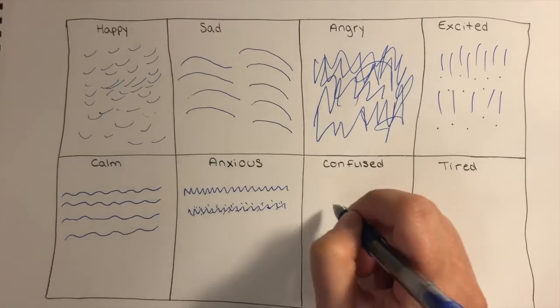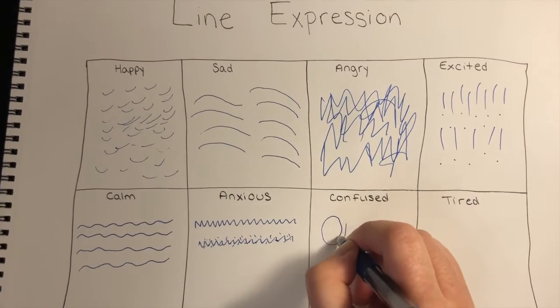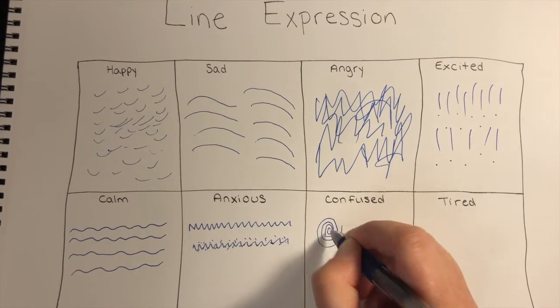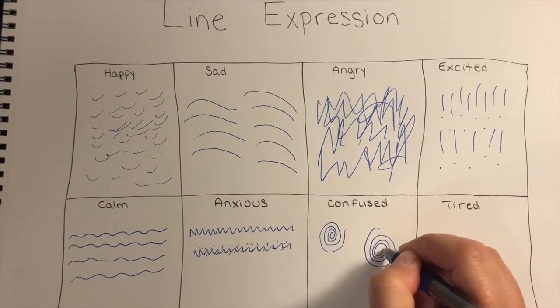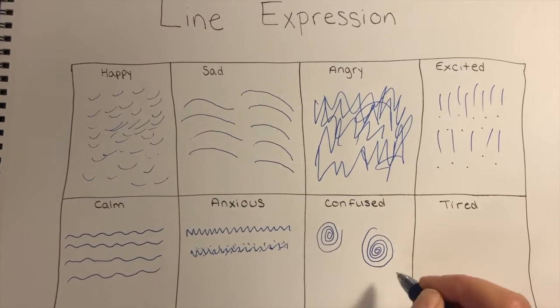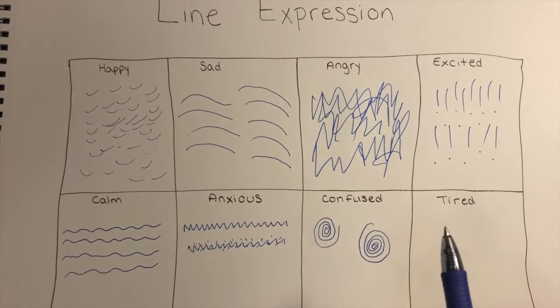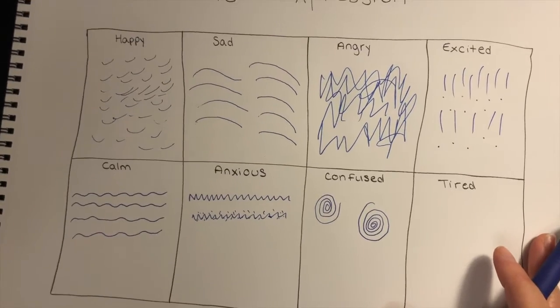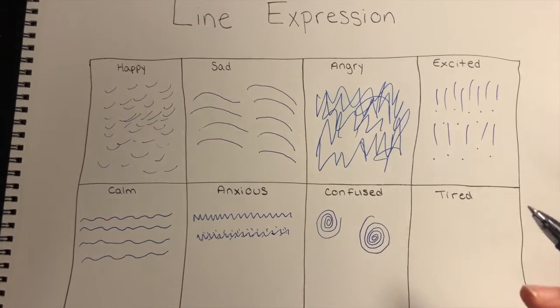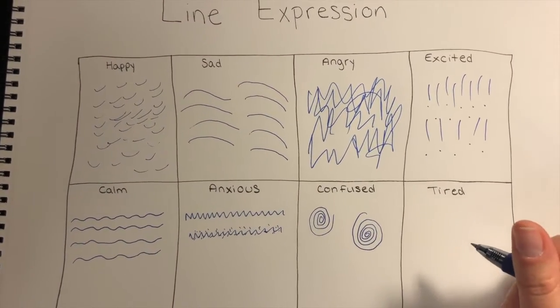Confused, that always sort of makes me think of these spirals. Because sometimes your mind is just turning around, and a spiral is a really good way to sort of show how your thoughts can just keep spinning and spinning and get lost somewhere in the ether, or somewhere in the back of your brain.